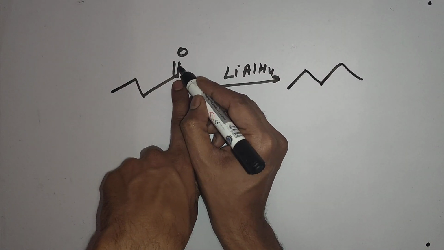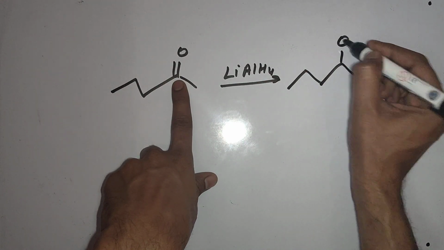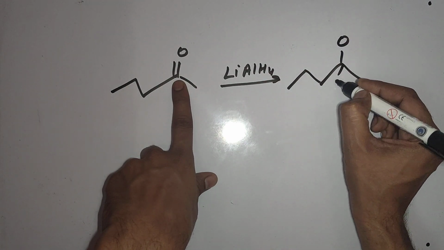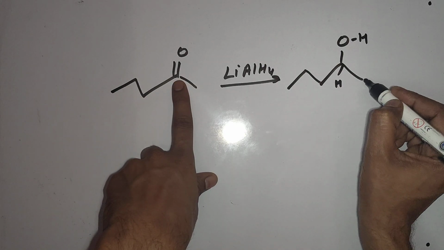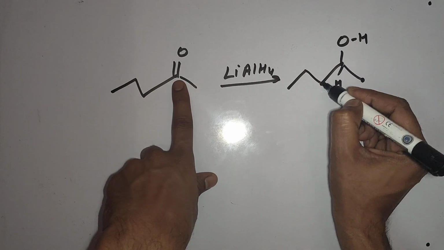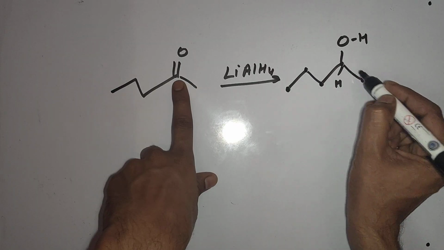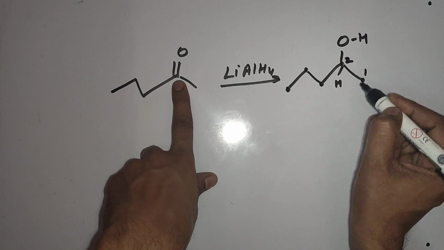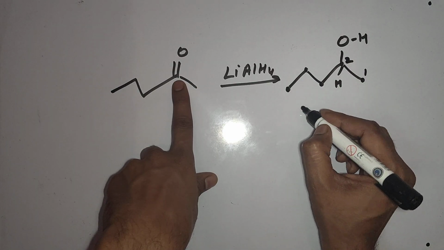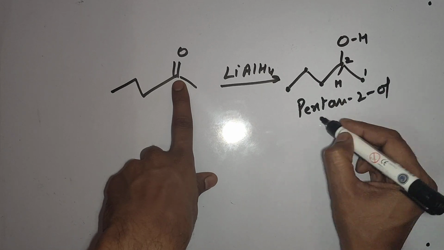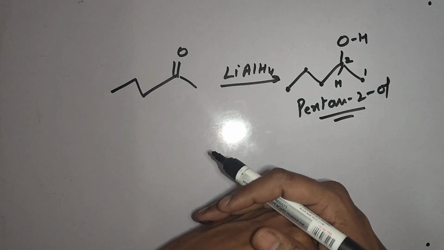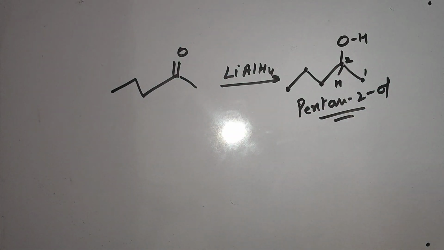So what I will do: two bonds are there, one bond I will make, that's it, and valencies I will satisfy by hydrogen. Alcohol is generated. What will be the name? 1 carbon, 2, 3, 4, 5. Numbering will be from this side, 1, 2. So there are 5 carbons, so pentan-2-ol. In this fashion, we can solve these reactions very easily.